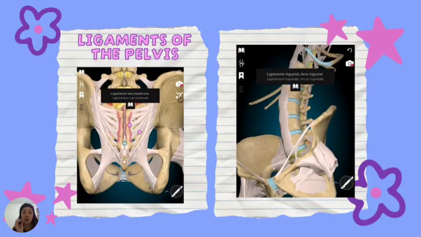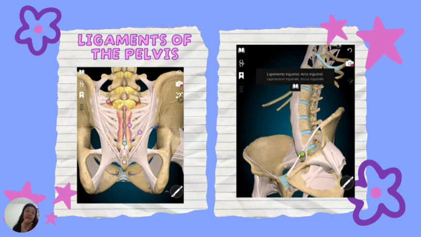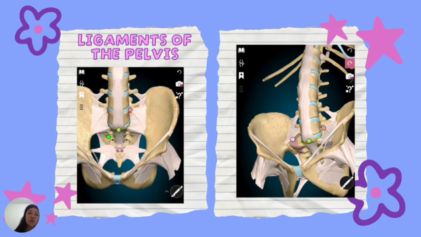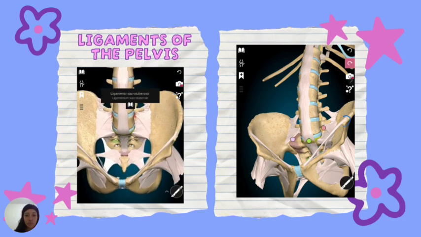Then we have the sacrospinous ligament, which runs from the sacrum to the ischial spine and forms the greater sciatic foramen that we can see in the first video on the left.